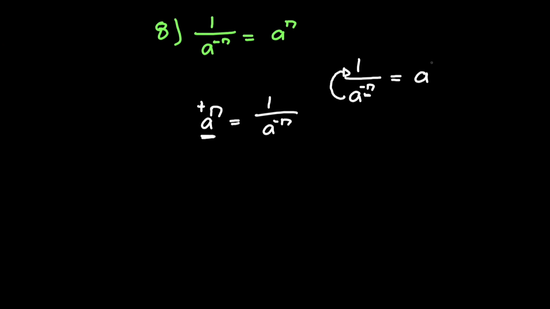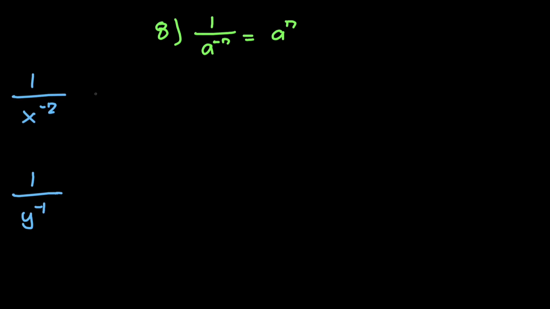So it would be a raised to the power of positive n. Same as true with rule number 7 earlier, a raised to the power of negative n. When you put this on the denominator, the negative sign would change, so it will be 1 over a raised to the power of n. So I hope you can understand that rule now.